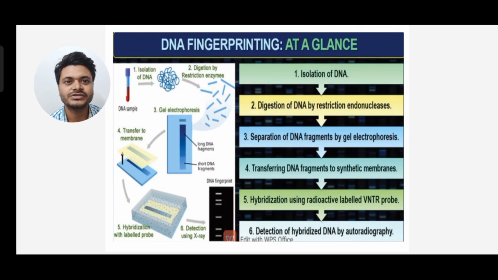In the pictures on the left hand side, the DNA is broken down by the restriction enzyme, and in gel electrophoresis you can see the long DNA fragments and short DNA fragments. Then the transfer to the membrane, hybridization with the labeled probe, and detection using X-ray.